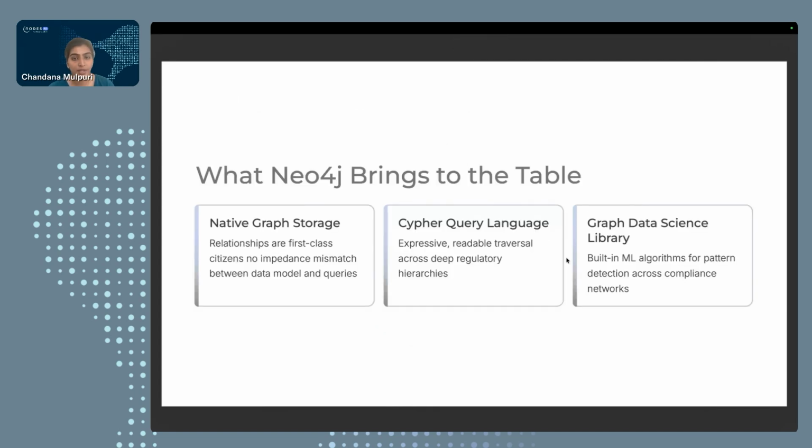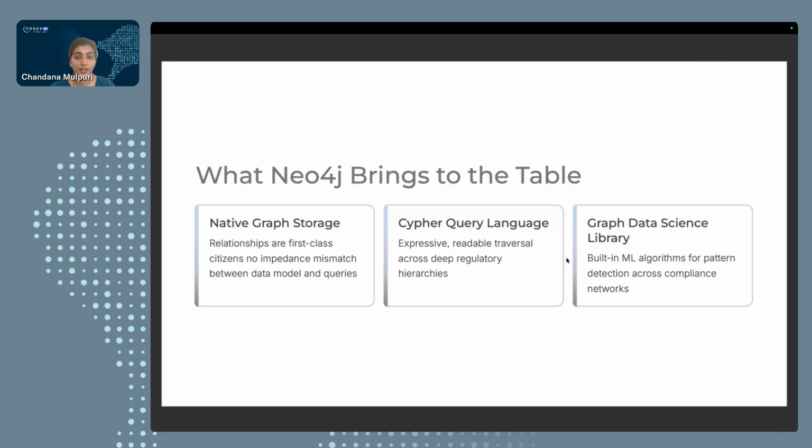What Neo4j brings to the table here for us is the native graph storage, where relationships are first-class citizens, so the mismatch between data model and queries is no more an impedance.